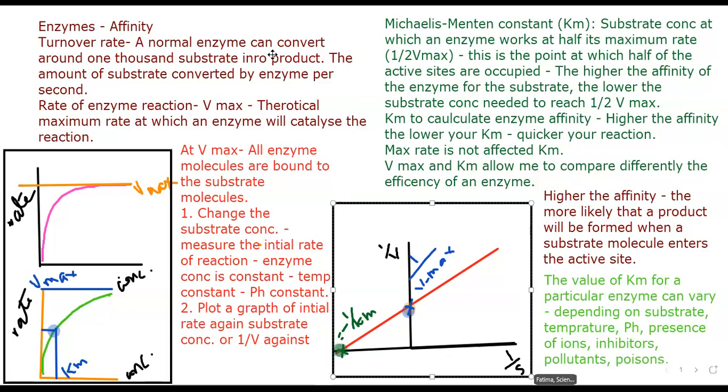Scientists can use these Vmax and Km calculations to make models on the computer about how a reaction will happen, right? So by using these values, they can predict, okay, this is how an enzyme is going to act.